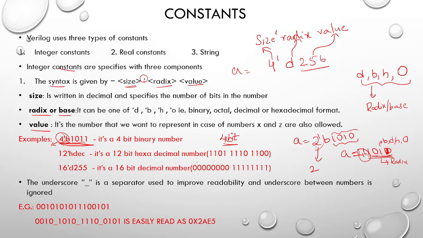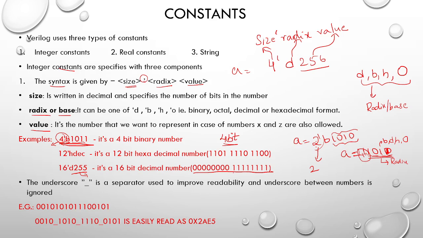Let us see this example. This is such a big number, a 16-bit decimal number. This is the decimal way of representing it. If I want to represent the same in binary or octal, then as soon as you see it, you can't recognize the number, like how much the number is.